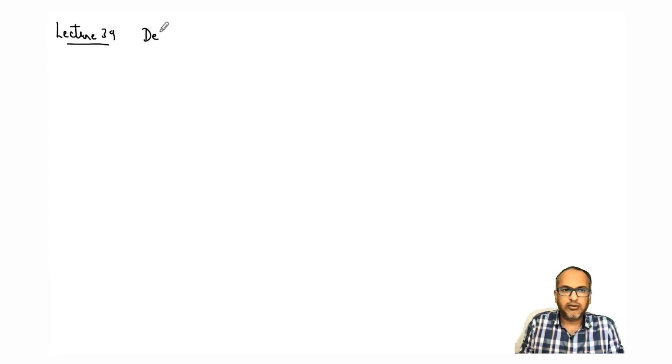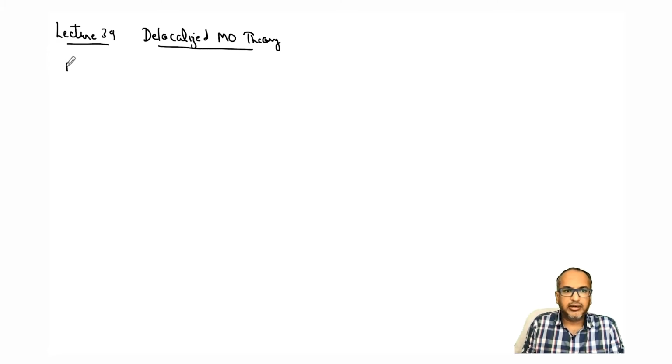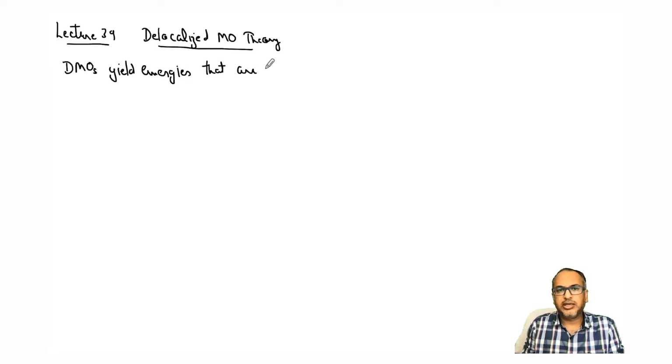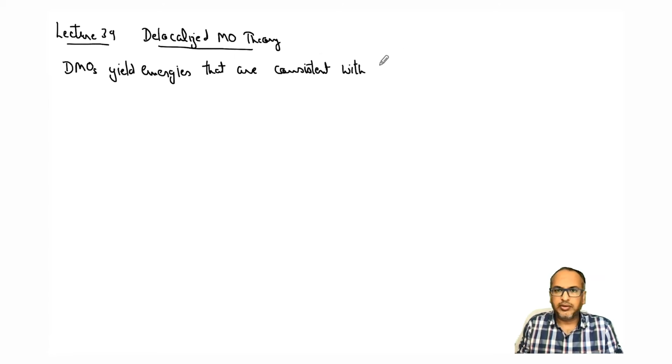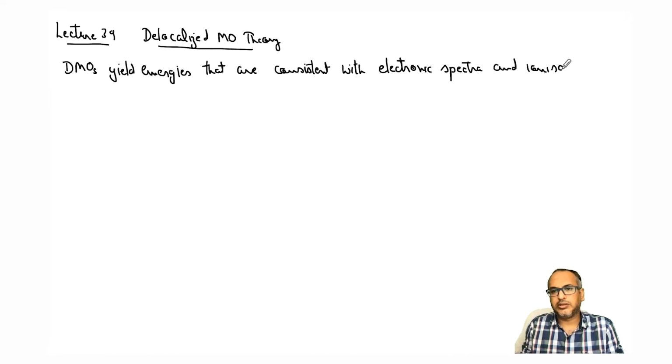So let us start our discussion today with delocalized MO theory, or MO description of chemical bonding. We will see that these delocalized MOs yield energies that are more consistent with electronic spectra and ionization energies.